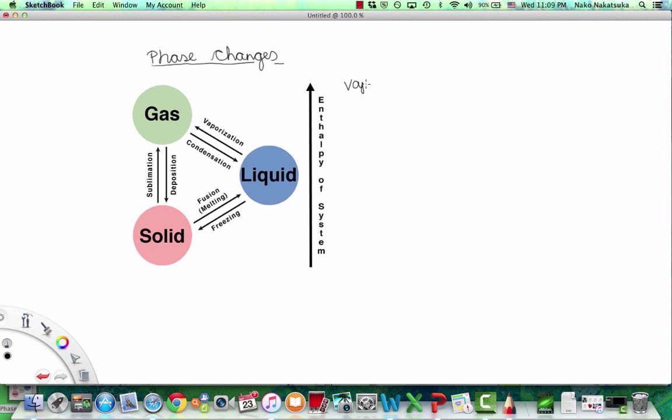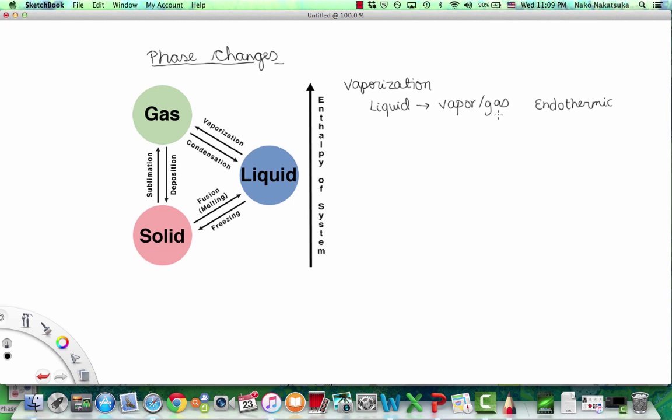So when we look at vaporization, which is when you have a liquid going to a vapor or a gas, this step right here is an endothermic reaction. We talked before about what endothermic meant. It means that the reaction requires heat. If you start out with a cup of water, in order to go from a liquid to a gas, you need to boil it, right?